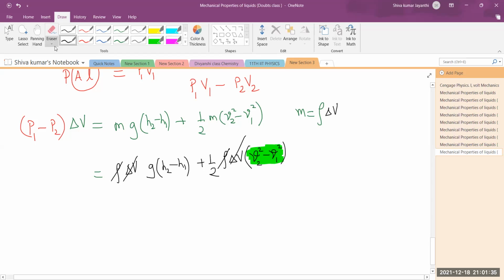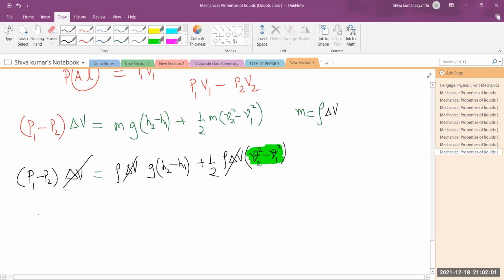So what we're going to do is, we're not going to cancel these densities. We're going to put it in pressure difference only. Leave it as a pressure difference, because we want the Bernoulli's equation in terms of pressure also. So leave that as P1 minus P2 into delta V and cancel only delta V on both sides. So leave it like that.